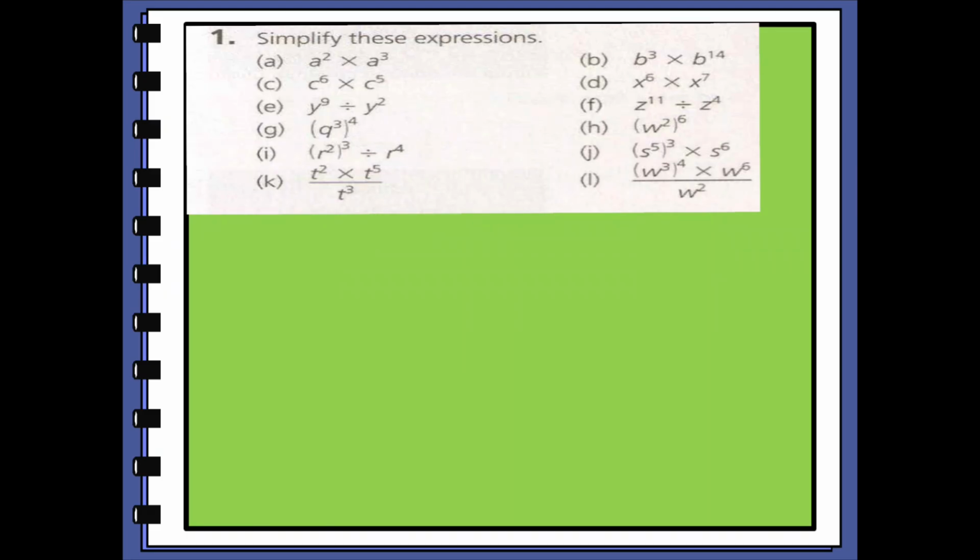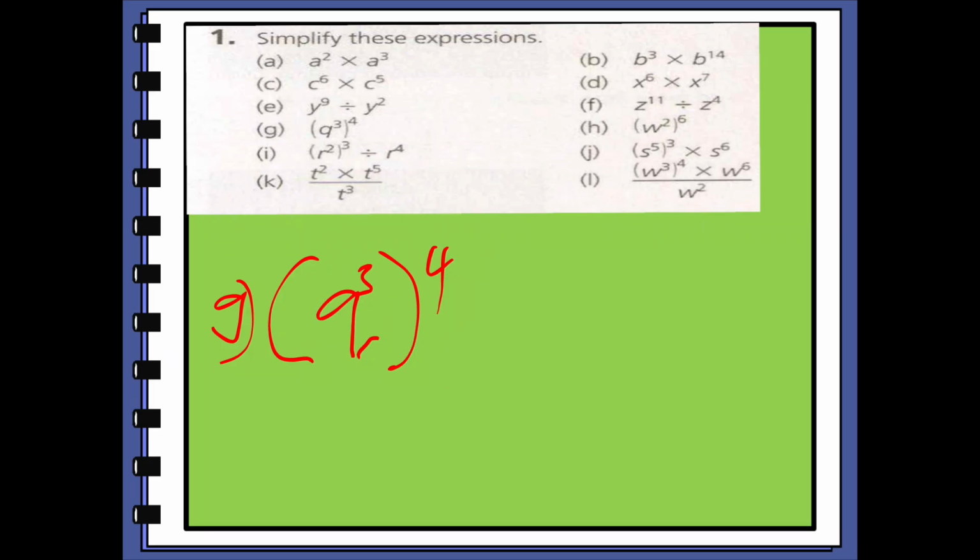So on G we've got question G, q inside the bracket power 3 and 4 is outside. So in mathematics whenever we have a bracket it means we are supposed to do multiplication operation.